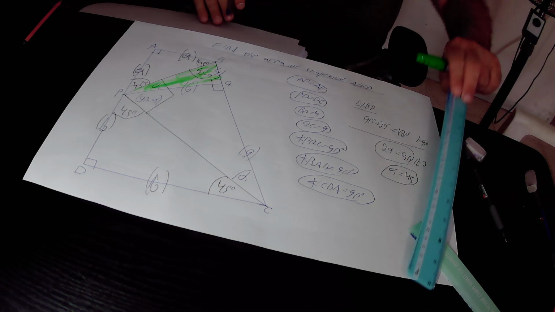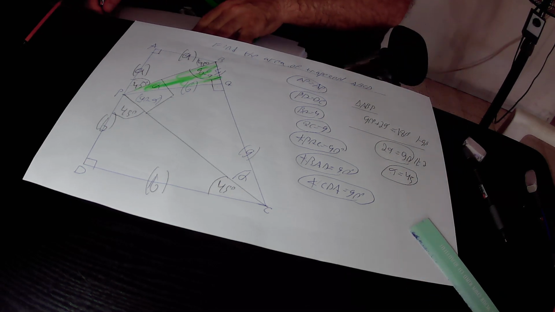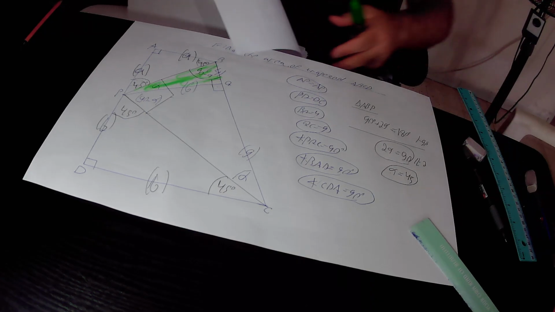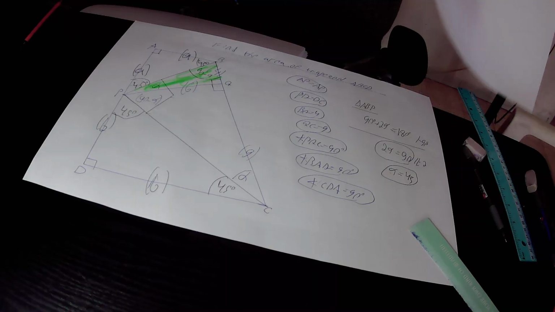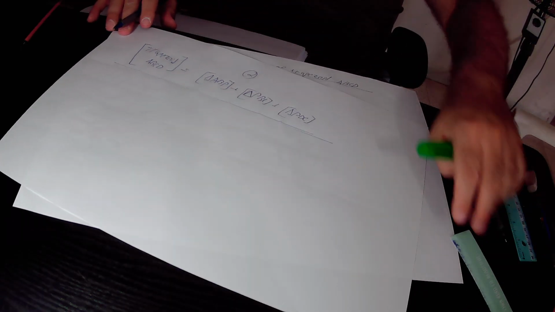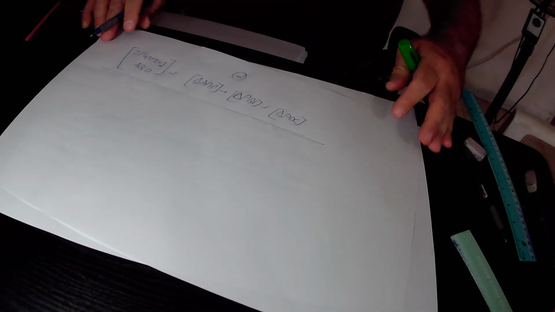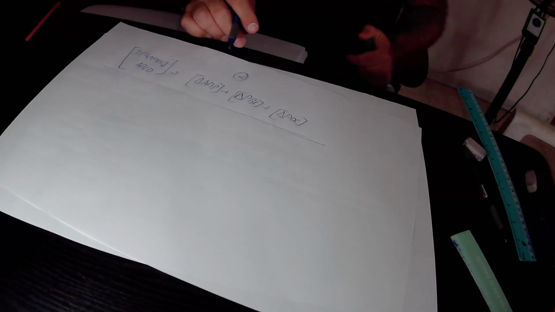So, I repeat again, I should find out that the area of this trapezoid ABCD must be equal to the sum of the areas of the three components that trapezoid ABCD consists of.